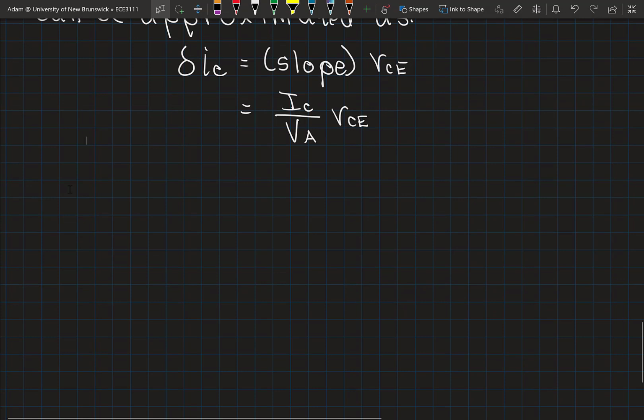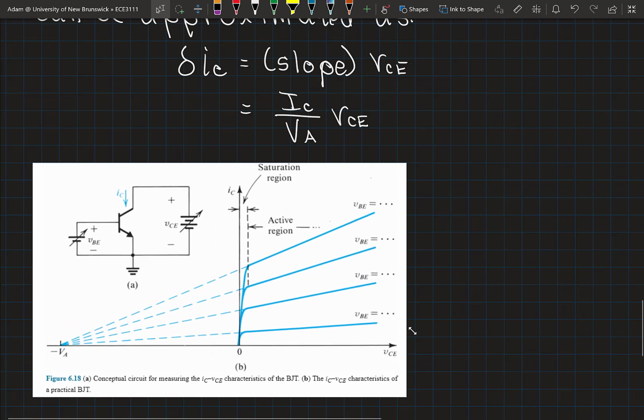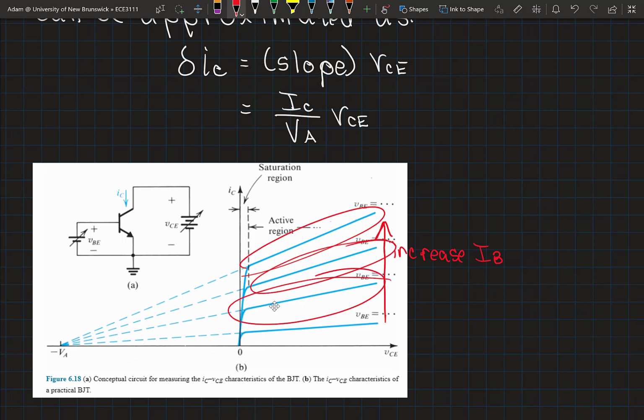And if we look at a plot pulled from Sedra Smith here, figure 6.18, we notice that for increasing levels of bias point, or increasing input drive, so this is for increasing IB, the slope of the characteristic changes.